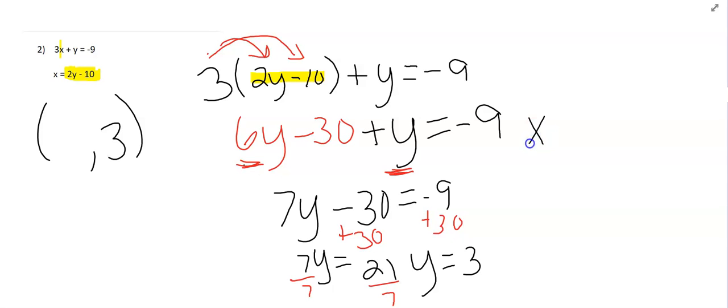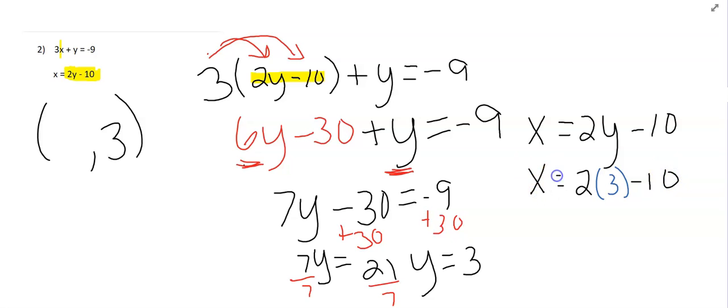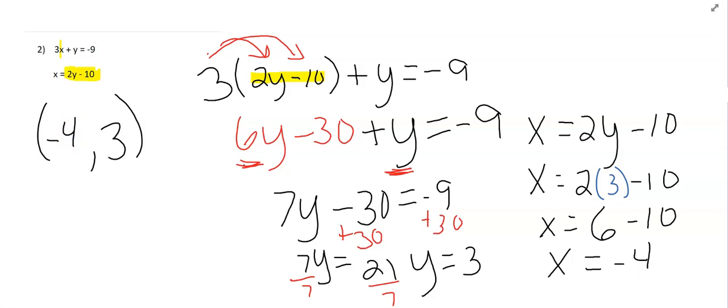So if I go back to one of the original equations, and in this case, the second equation seems to be ideal, and I plug in the 3 for the y, I get the expression on the right-hand side to be 2 times 3 minus 10, which is 6 minus 10, and then my last step, 6 minus 10, is negative 4. So my solution using the substitution method is negative 4, 3.